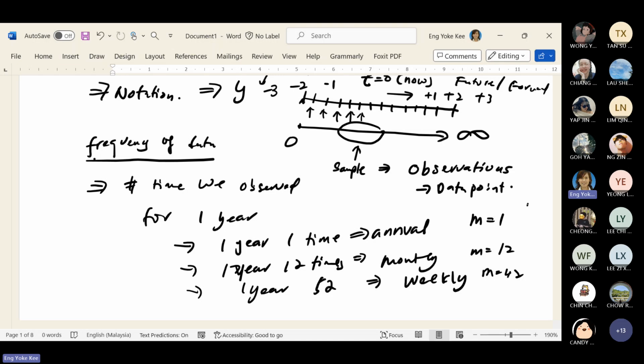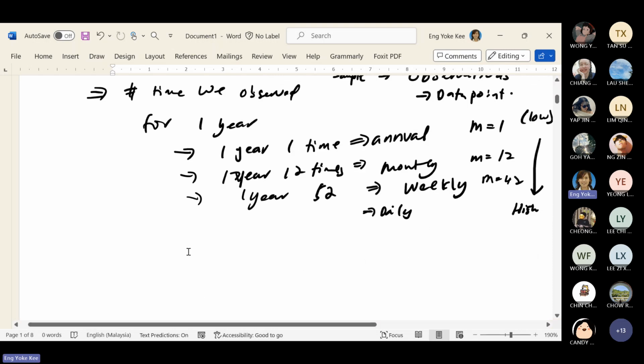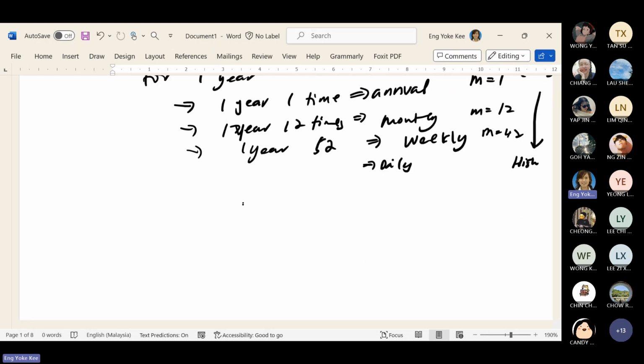This is what we call low frequency. If you go here, it is high frequency data. We can have daily data, even higher, or we can have real-time data, which means in minutes, in seconds. This is what we call intraday data.